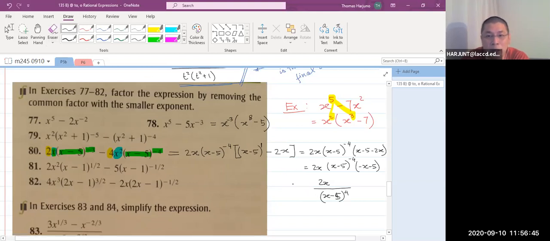Let me take this negative out, and I get x plus 5 here. In number 78, I forgot this. This is a negative exponent, so I should not leave it as the final answer. So what I will do, I will get x to the 8 minus 5 over x cubed. That's my final answer.